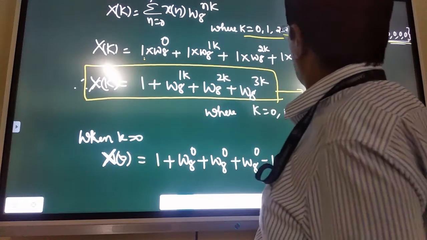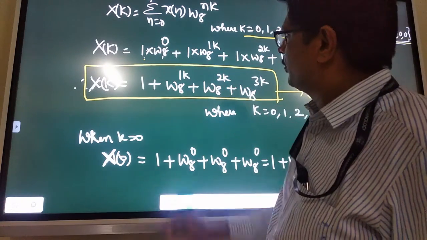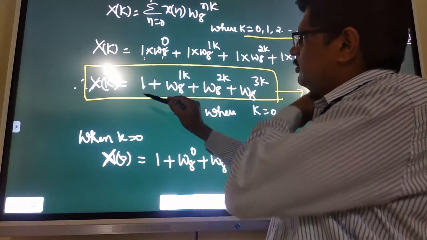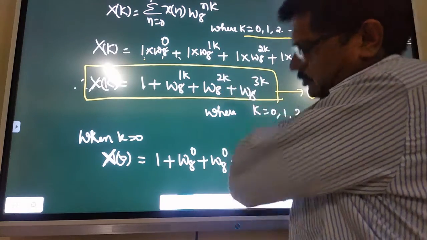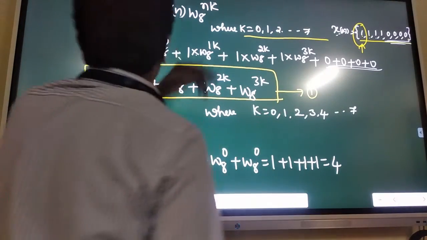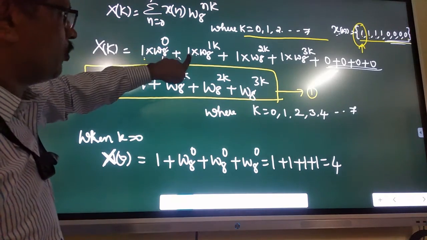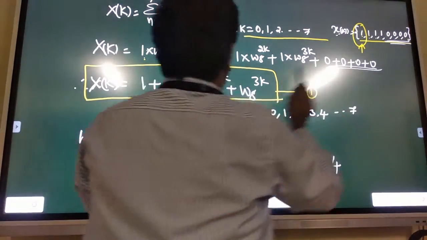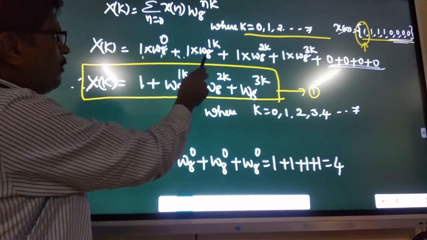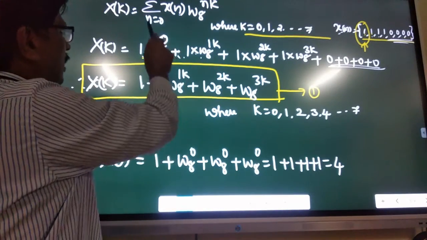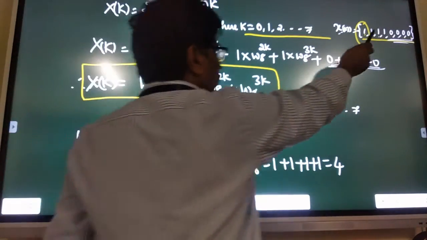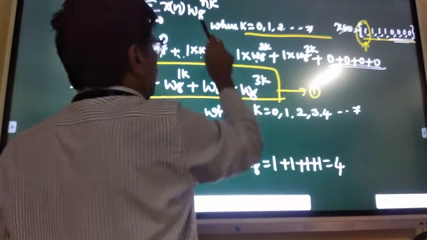x0 is 1, 1 into omega 8 power 0, 1 into 1 is 1. Plus x1. When n is 1, x1 into omega 8 power 1k. x1 is 1, so 1 into omega 8 power 1k. Plus similarly x2 is 1, 1 into omega 8 power 2k.